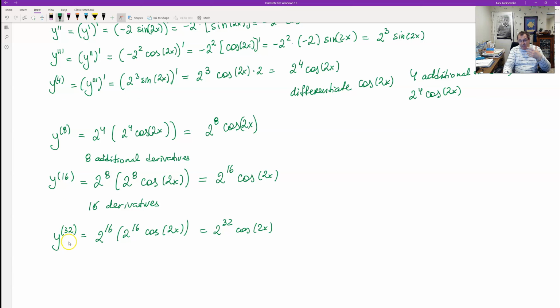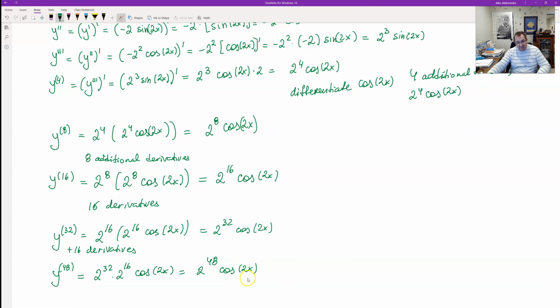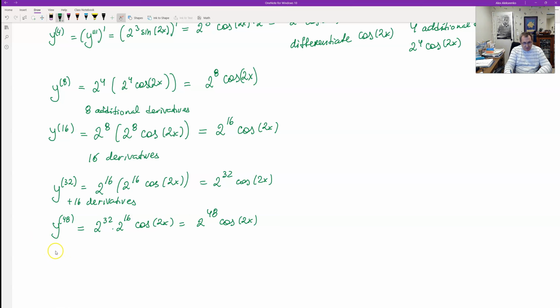Now, at this point, I cannot really double anymore because I'll bypass my goal, which is 50. But I can do another 16 derivatives. So that will lead me to 48, which would be 2 raised to 32 times 2 raised to 16 cosine of 2x. So it's going to be 2 raised to 48 cosine of 2x. Okay, and from here, I just need 2 additional derivatives.